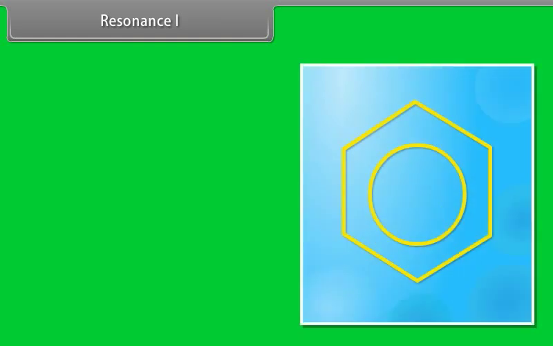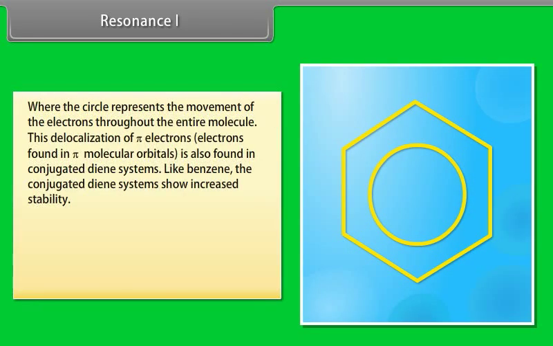The hybrid of these structures would be drawn as a circle, which represents the movement of the electrons throughout the entire molecule. This delocalization of pi electrons, found in pi molecular orbitals, is also found in conjugated diene systems. Like benzene, the conjugated diene systems show increased stability.